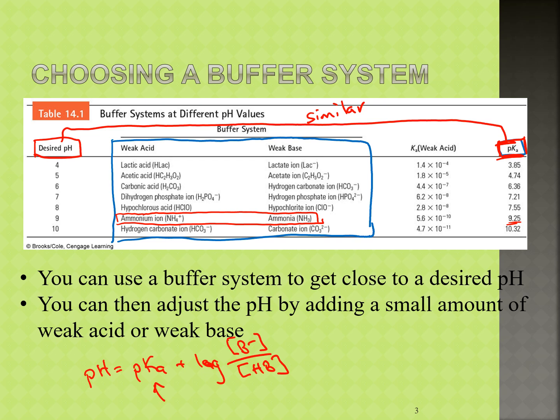And if you wanted it right at 9, then you could change these factors in order to lower it a little bit. The way that we would lower that down a little bit would be by changing that base to acid ratio. We would add in a little bit more acid, because we'd want to lower that pH. All right, so that's how we're going to pick our buffer systems.